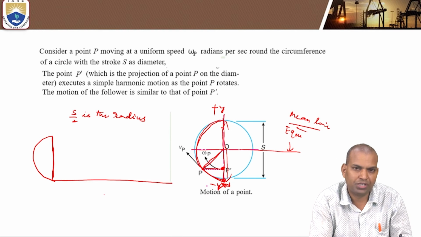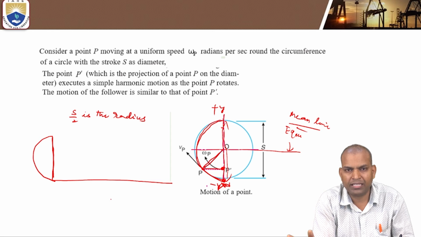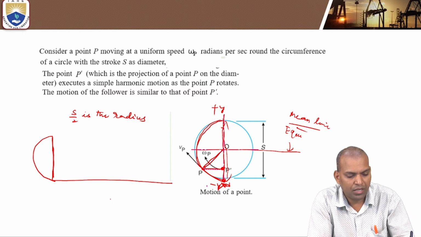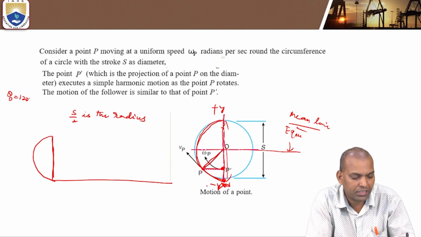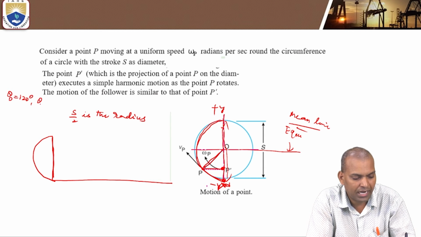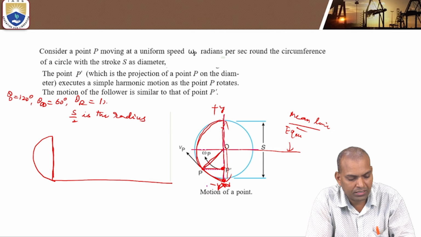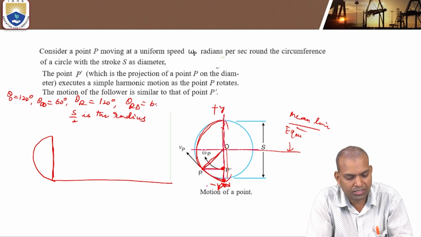Now what is the angle of rotation of the cam? Consider the angle of rotation of the cam for outstroke and return stroke, and dwell angles also, and take them on the x-axis. Suppose theta O equals 120 degrees, and theta OD, the dwell next to outstroke, is 60 degrees, theta R equals 120 degrees, and the remaining theta RD is 60 degrees.